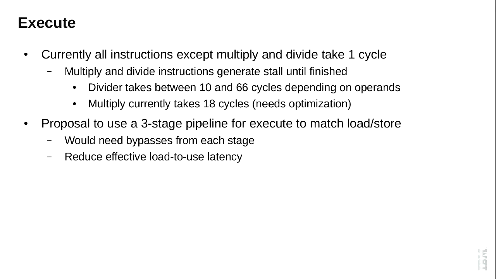The divider was really more about getting it to work without using an enormous amount of resources than making it really, really fast. The multiplier needs work. It currently takes 18 cycles. Part of the problem is that Vivado for the Nexus parts, the Artix 7, whatever, tends to have warnings that come up because it's got these DSP things in it that have got multipliers, 18 by 14-bit multipliers.